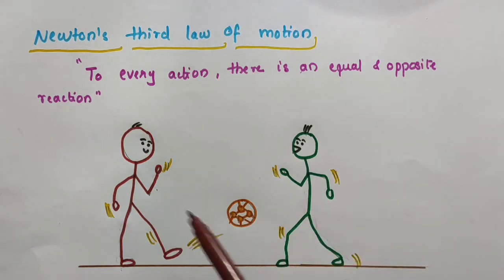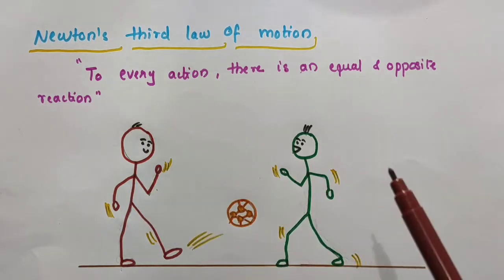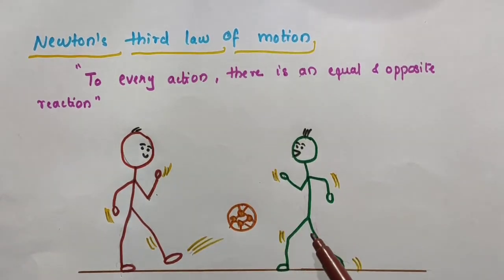In the game of football, collisions occur most of the time. A player of one team may collide with a player of the opposite team. During that collision, both feel hurt. Why? Because each player applies a force to the other.